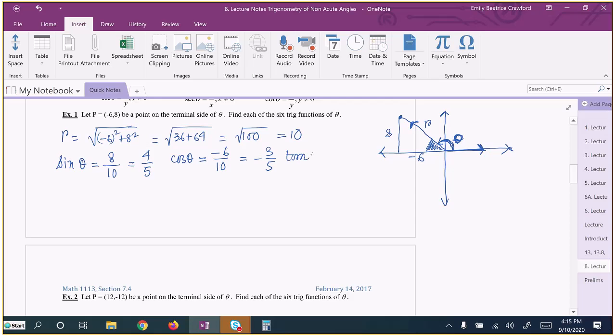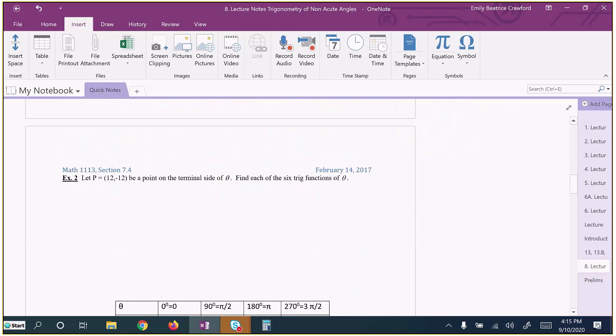Tangent of theta is opposite over adjacent, simplify that as negative 4/3. And then you just do the reciprocals. So cosecant of theta for this angle is going to be 5 over 4. Secant of theta is going to be 5 over negative 3. Cotangent of theta for this angle is going to be negative 3 over 4. And that answers my question. Let's do one more example of this kind.